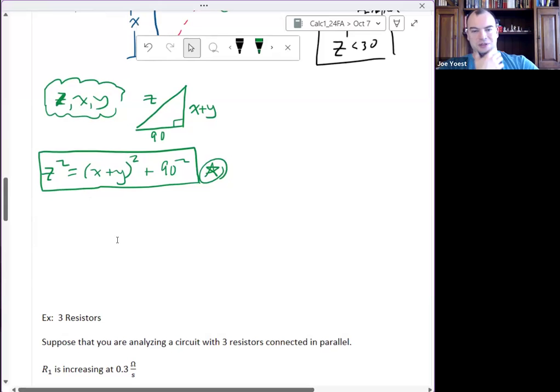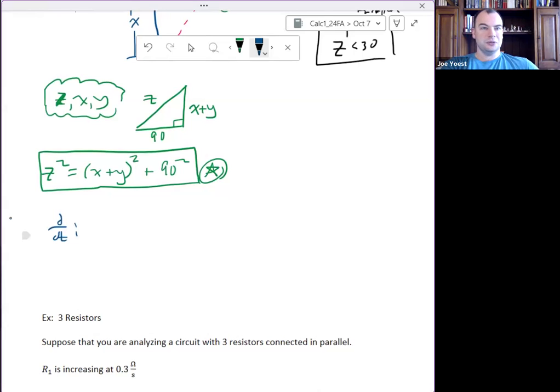So now I want to differentiate. Z, x, and y are all functions of t. So I take d by dt of both sides. And here's where I want to be good at the chain rule and implicit differentiation. The left side is 2z, z prime. Z prime means dz dt. Right? This is d by dt of z squared, which is d by dz of z squared times dz dt.